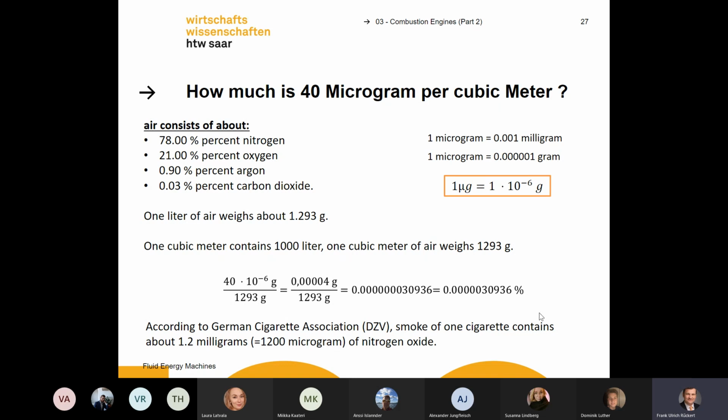So anyone who ever made a barbecue or ever smoked a cigarette has millions of micrograms more than is allowed for diesel engines. So this value is really a crazy value, in my opinion.